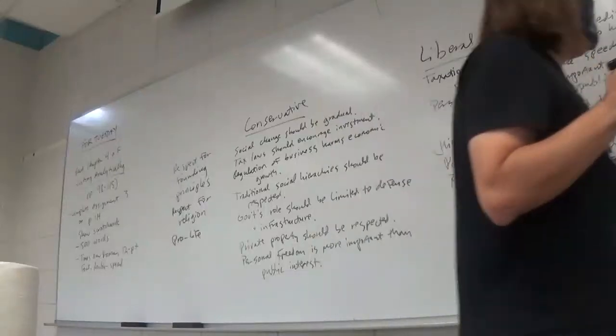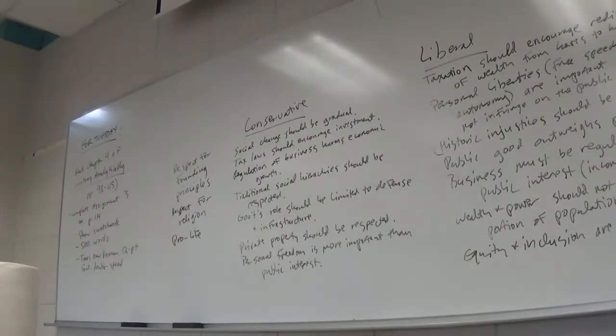So here's what I'd like us to try to do now. Let's take these lists that we've made of what it means to be conservative and what it means to be liberal, from self-identified liberals and conservatives, and the way that we understand these two terms.